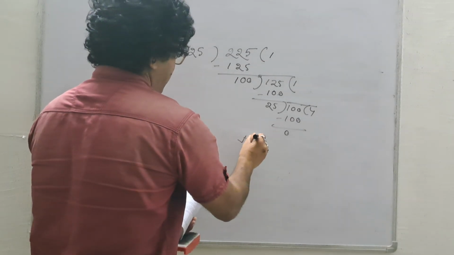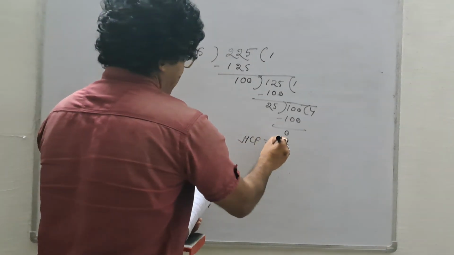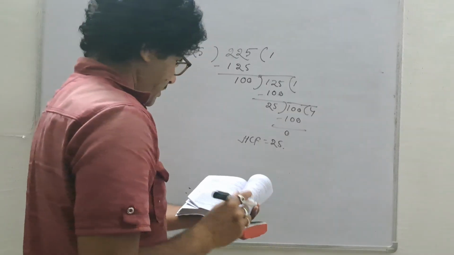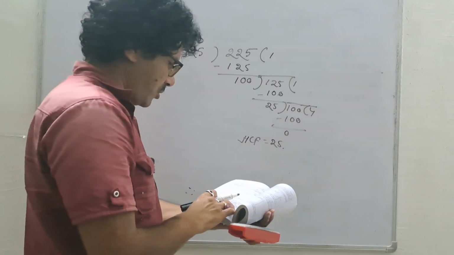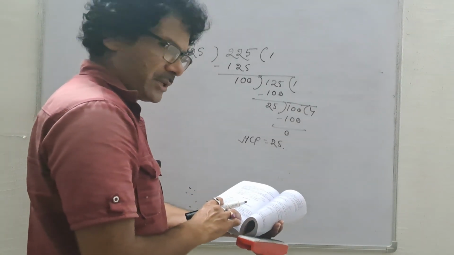So this divisor is the highest common factor, and this highest common factor is the greatest amount of pea or gram that the trader can pack in each bag.